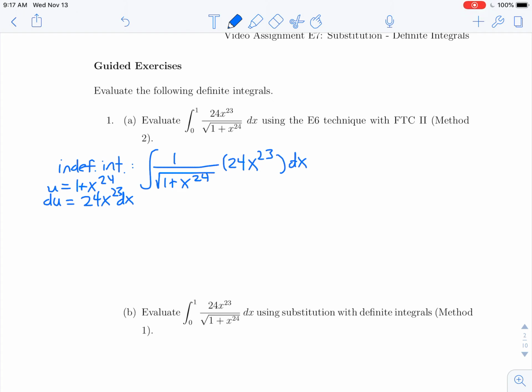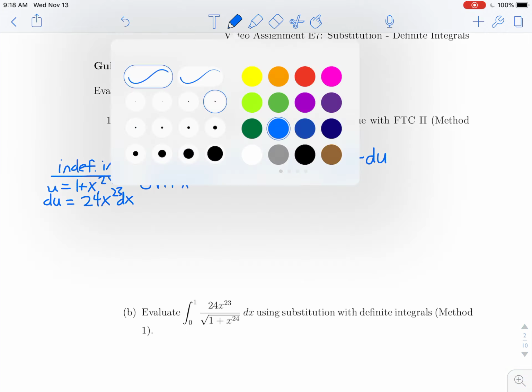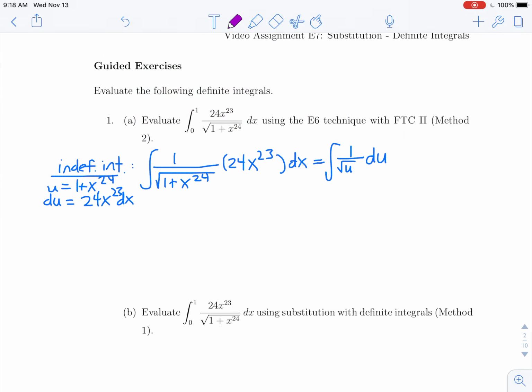In particular, notice that I did not write down limits of integration for this indefinite integral. And so what I have here is the indefinite integral of 1 over root u du. We'll match the color in the previous section. Here's my u, and here's my du.